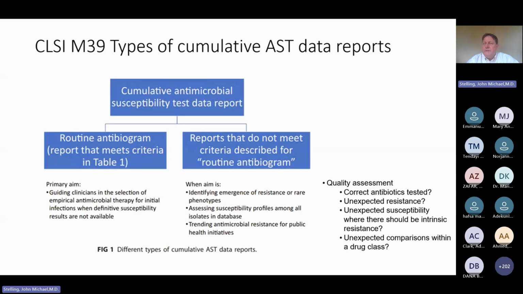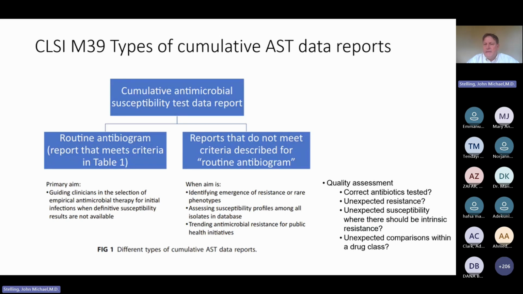If I see, for example, that 20% of E. coli are resistant to ampicillin, the susceptibility for amoxicillin clavulanic acid should be better than that. It's a better drug than ampicillin by itself. So 20% ampicillin resistant, 40% augmentin resistant does not make biological sense.